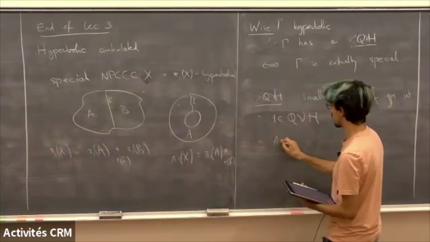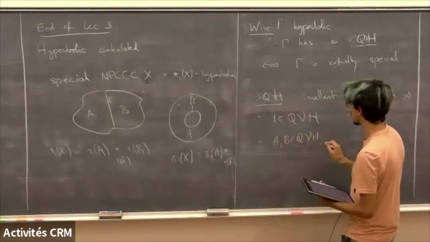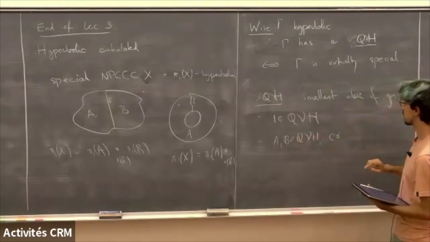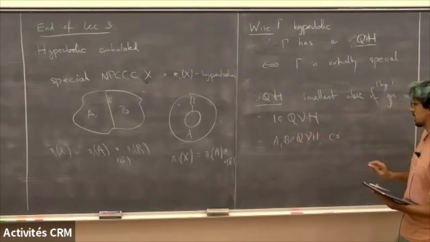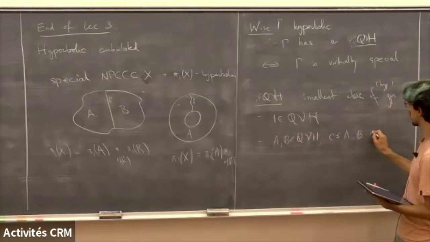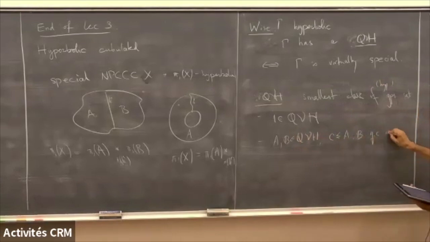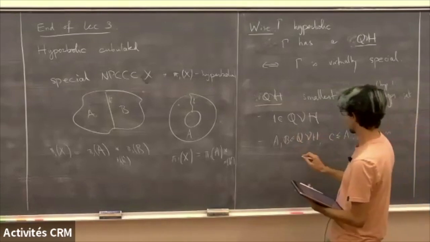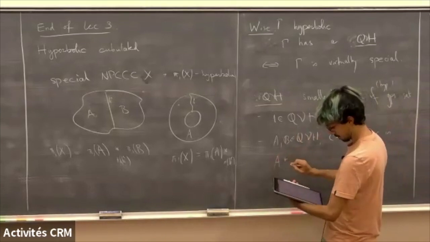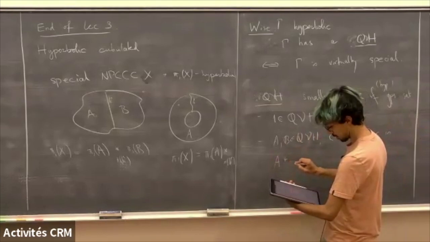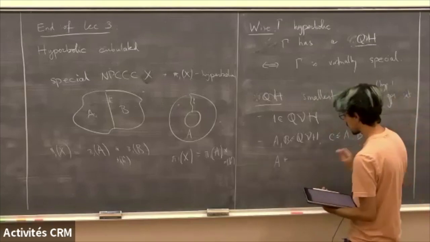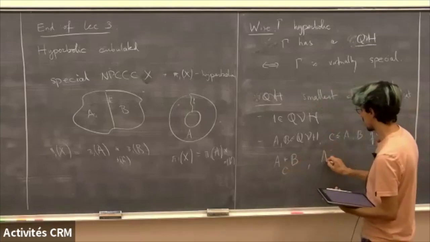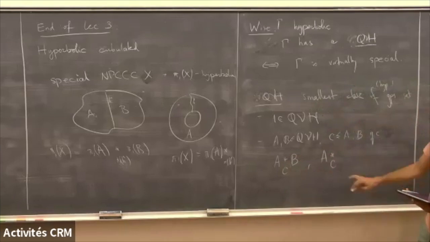So if A and B are in here, in the class of hyperbolic groups, and C is a subgroup of A and B and is quasi-convex in them, then the free product with amalgamation and an HNN extension should also be in this collection.